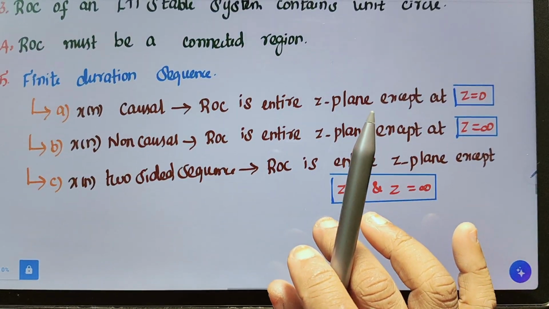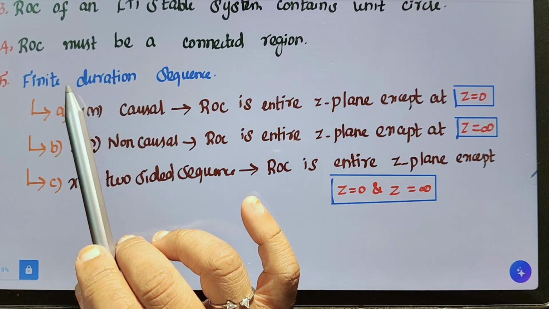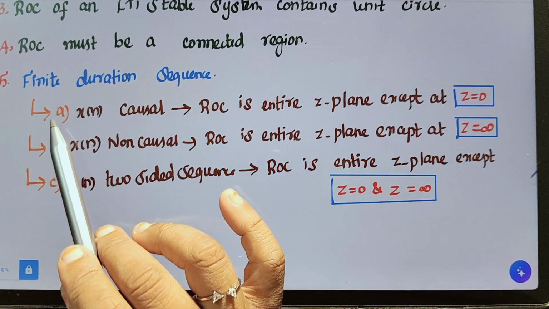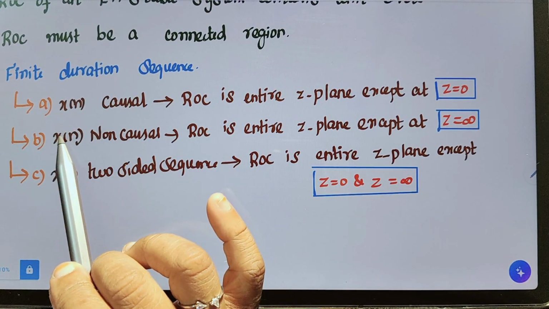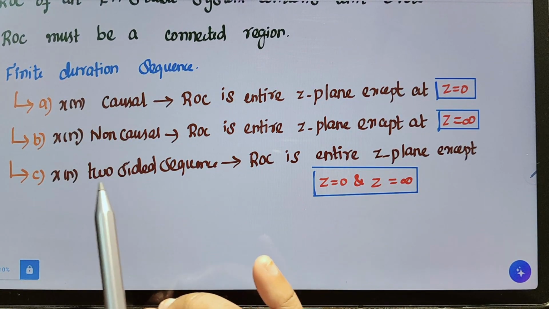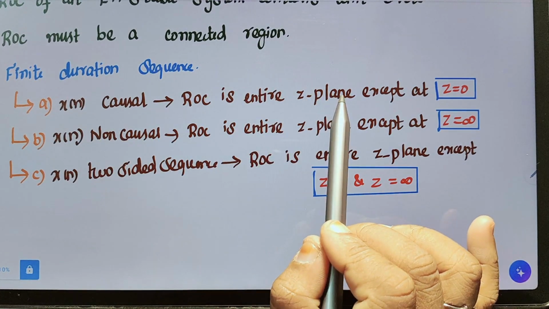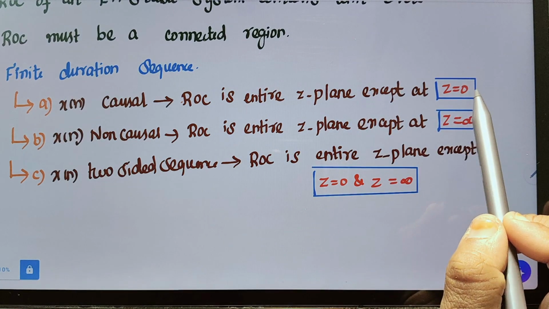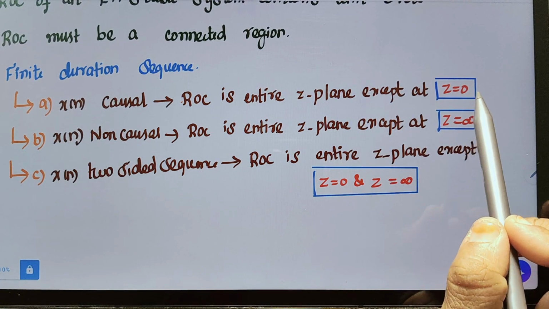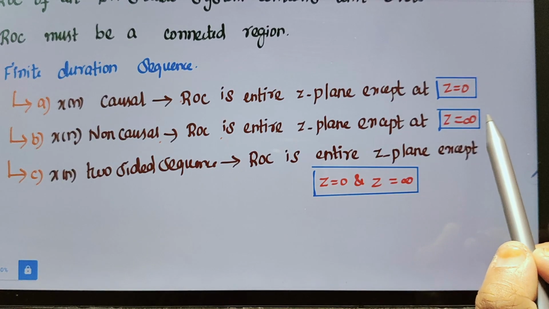Next, see the variation for finite duration. For a finite duration sequence, there are three subdivisions: x of n is causal, x of n is non-causal, and x of n is two-sided. In the causal case, the ROC is the entire Z plane except at Z equal to 0. For a non-causal system, the ROC excludes Z equal to infinity.